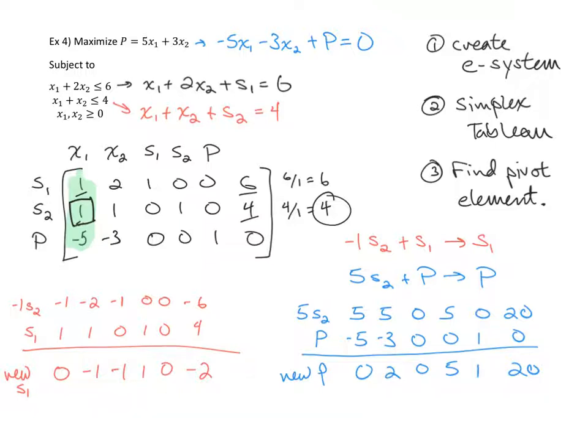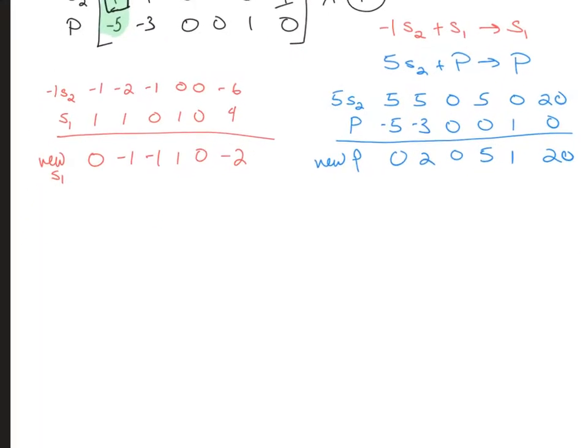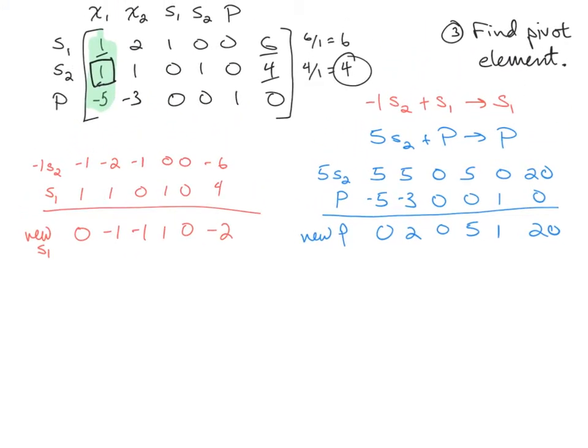So we take this simplex tableau, and we write another one with this new row for S1 and this new row for P. When I write out this new matrix with these new rows in it, it'll look something like this.